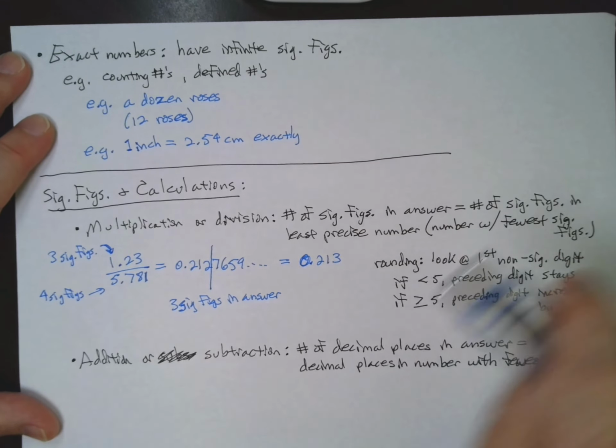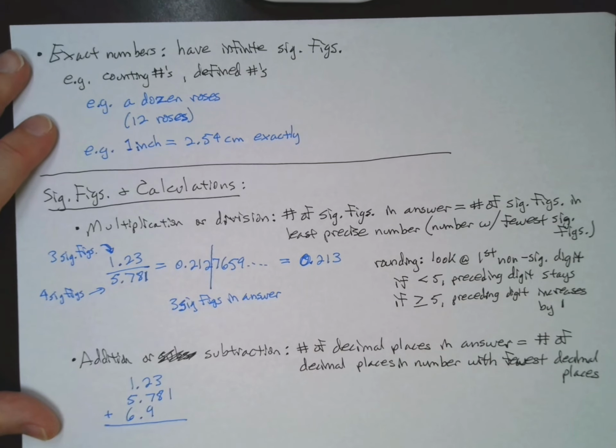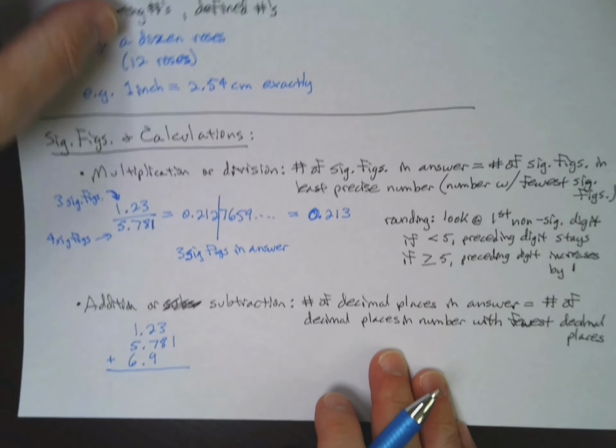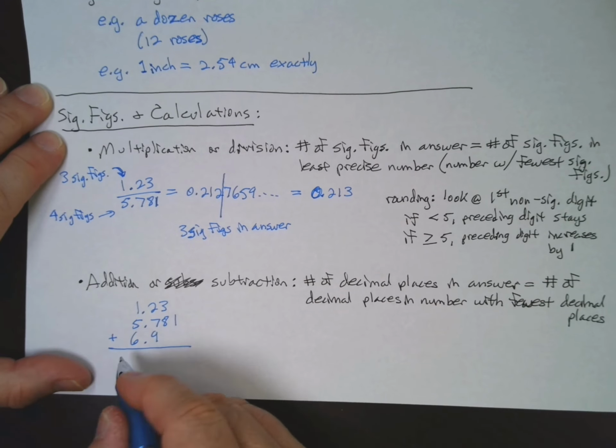So let's say I was adding up 1.23, 5.781, and then 6.9. If I add all these guys up, what do I get? I'll go back to my calculator here. And 1.23 plus 5.781 plus 6.9 gives me 13.911.